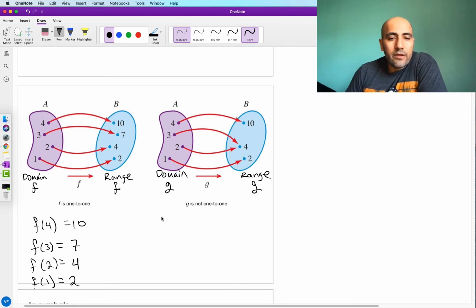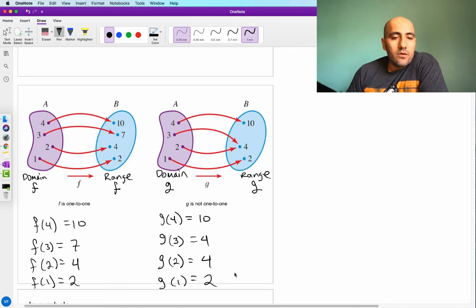Over here, we have that g of 4 equals 10, g of 3 equals 4, g of 2 equals 4, and g of 1 equals 2. Okay, so just a different notational style that describes the exact same thing.